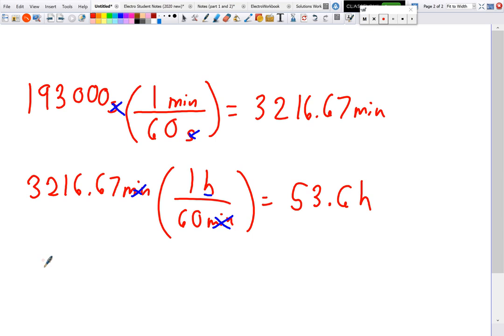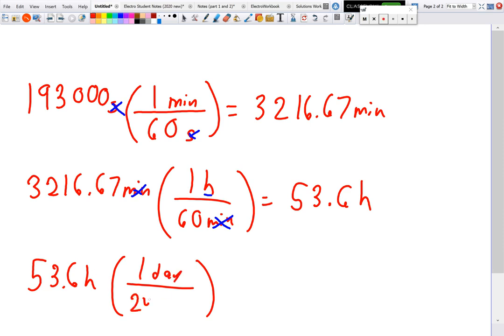So for example, how do we do that? We get 53.6 hours. We know that in every 1 day there are 24 hours. So of course when we do this, we get an answer of 2.23 days. So basically any of these answers will be acceptable for that one right here, just because the question doesn't say what is the time in minutes, hours, seconds, or days.